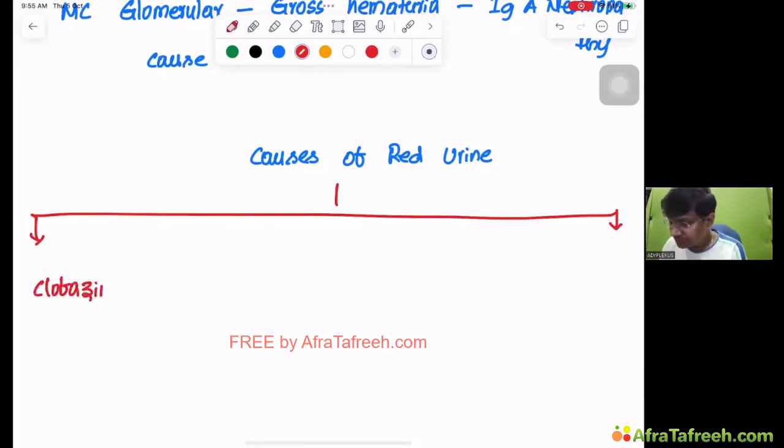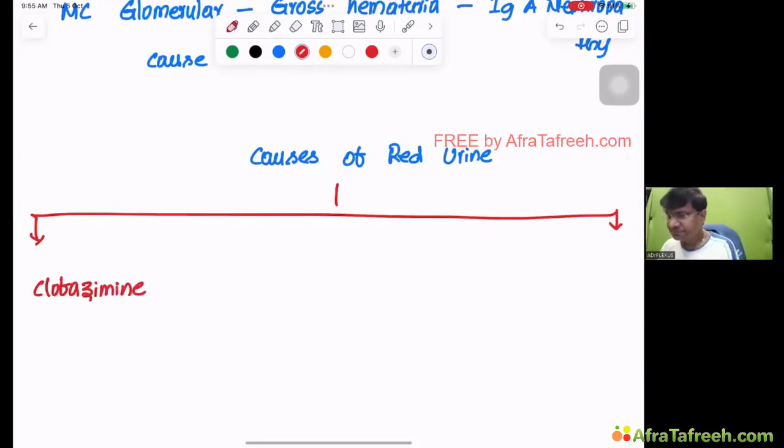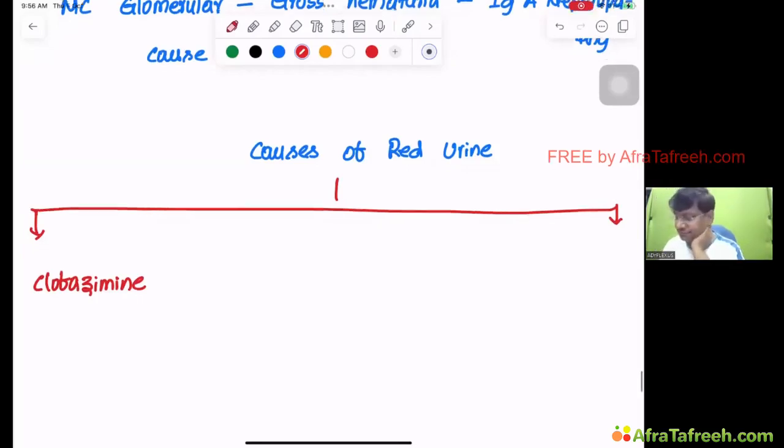Clofazimine. What is clofazimine? Any one of you? Yeah, it is an anti-leprotic drug, right? Yes, which will cause red colored urine.